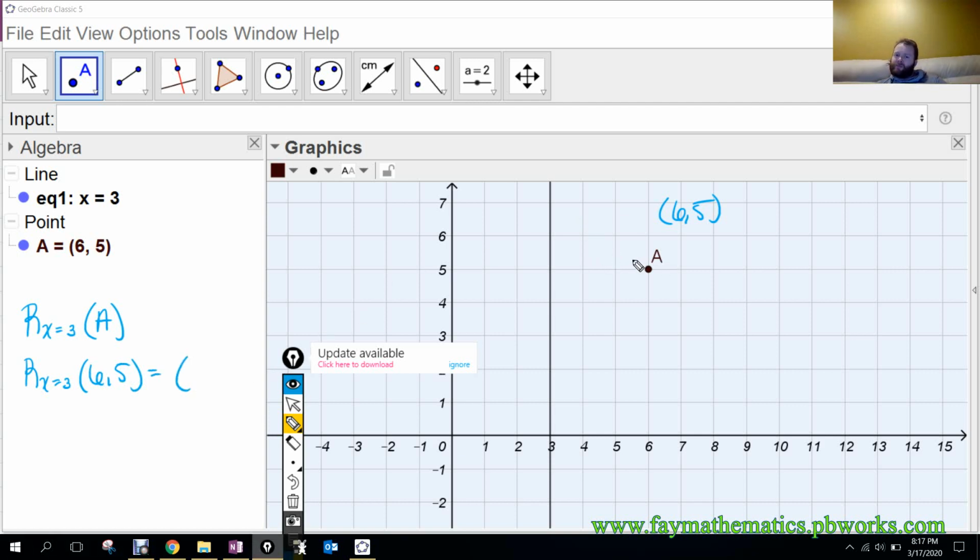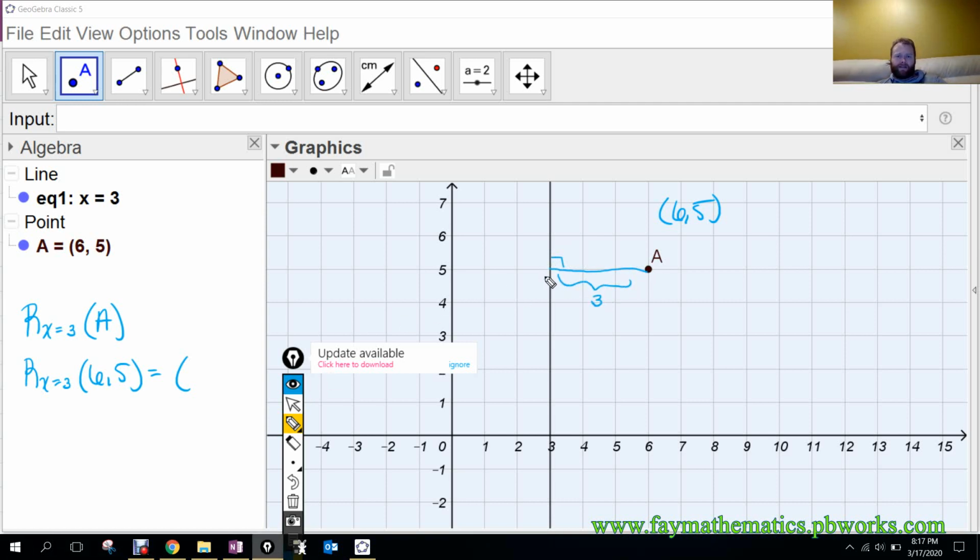Well, remember, distance is preserved. So the ones you're going to see for the most part in this section, you can do some pretty easy counting here. What happens is that line right there, and you're going to reflect over vertical or horizontal lines, so it should be pretty easy. That is a distance of 3.